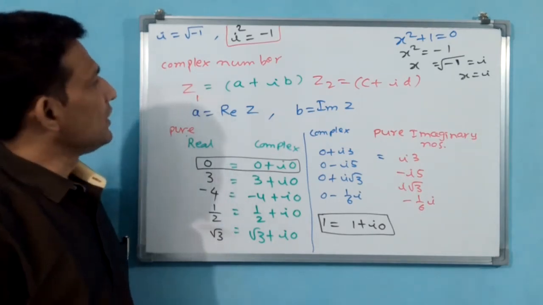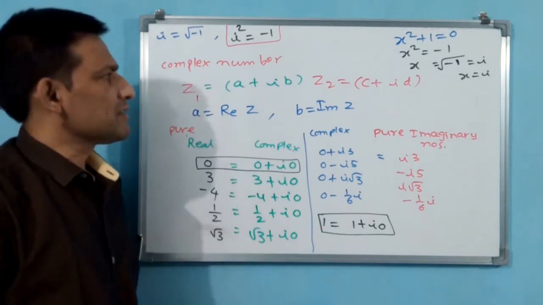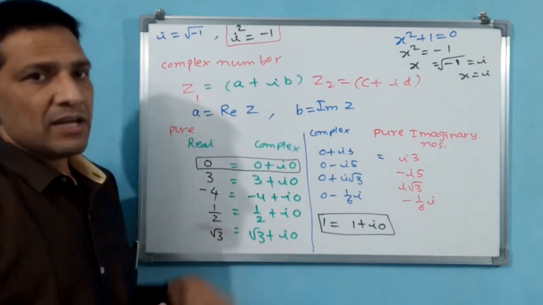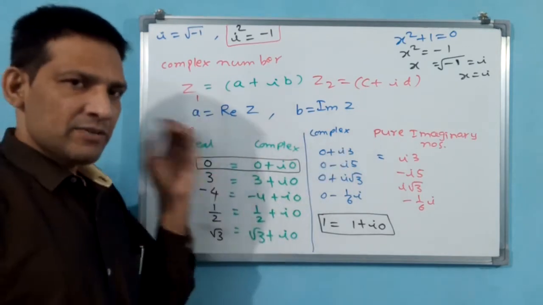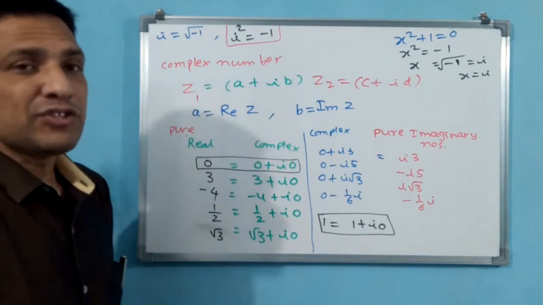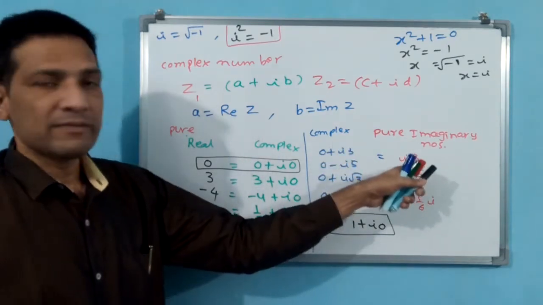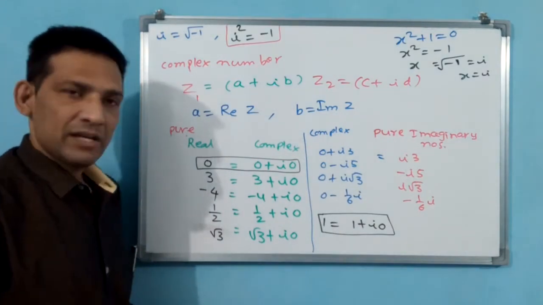Okay, what we do, we will see what equal complex numbers are. See here, the real part and imaginary part, what they are you have to know. And I is standard. If the symbol is changing, it means the symbol of the imaginary part is changing. Okay.